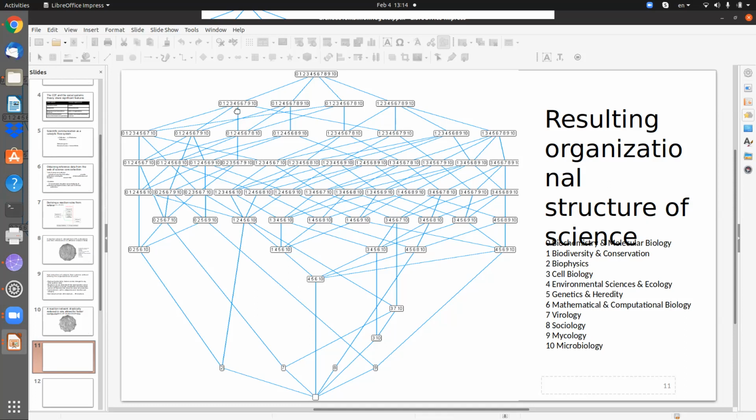And from there, if we lose biodiversity and conservation, that would also mean that we would lose number 4, environmental sciences and ecology.